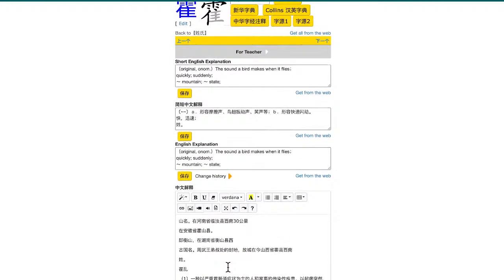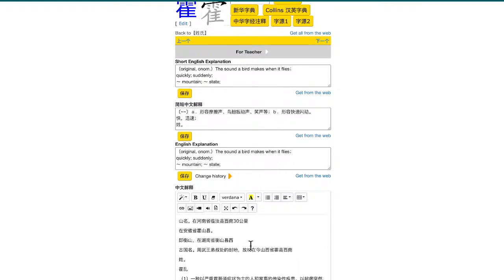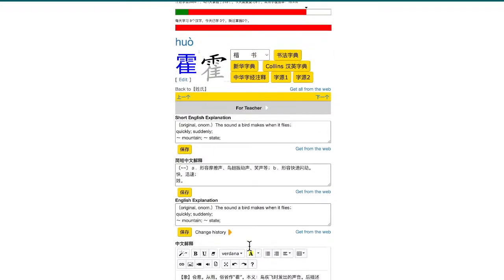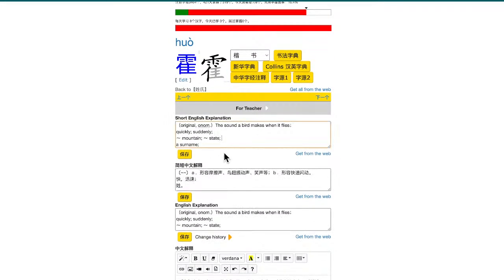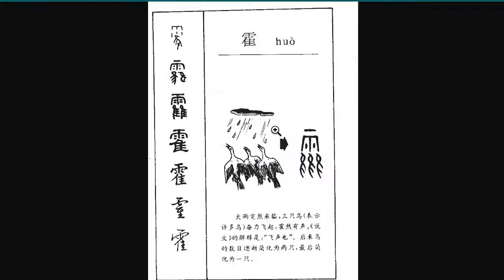It's also a name for places, a name for a state, a feudal state, okay. And yeah, that's it. Let's take a look at the character. So this one, you can see that on the top is the 鱼 character, okay, and then on the bottom is 3 birds right there, 3 birds.